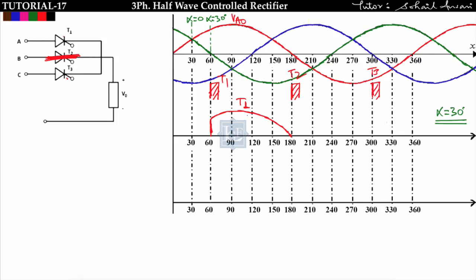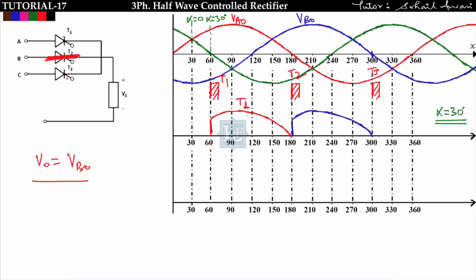So in this case V naught is equal to Vb0. So output voltage will follow the waveform of Vb0 from omega t is equal to 180 to omega t is equal to 300, and it will continue to follow till omega t is equal to 300. See, at omega t is equal to 300, Vb0 is 0. So I will get output voltage like this.